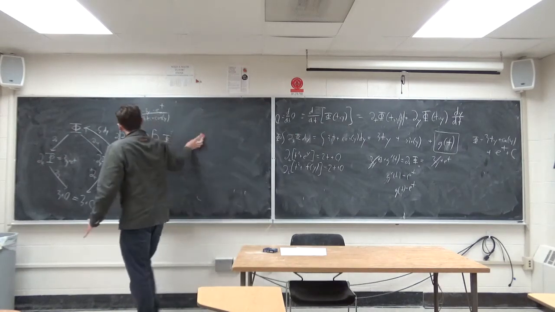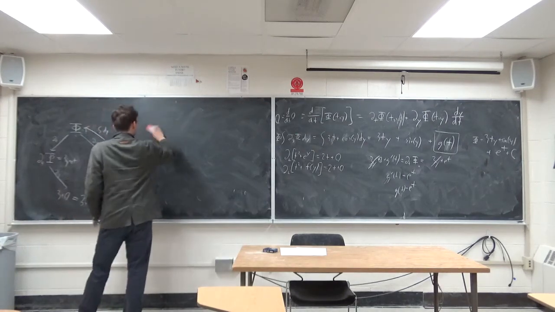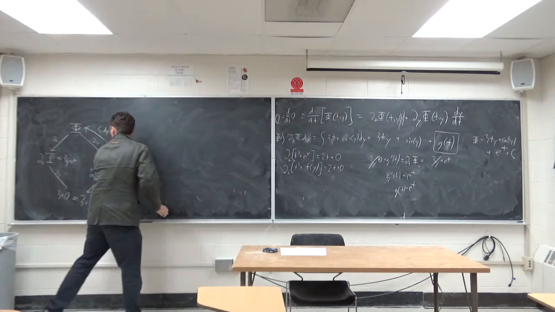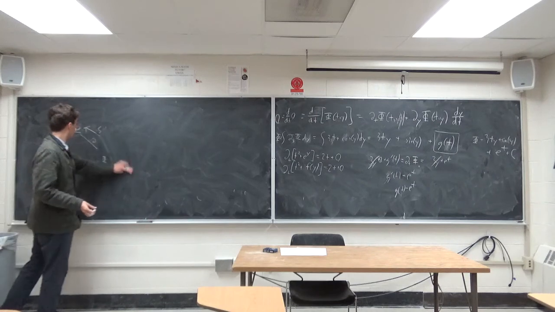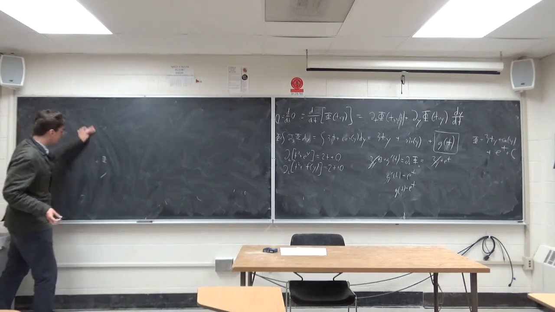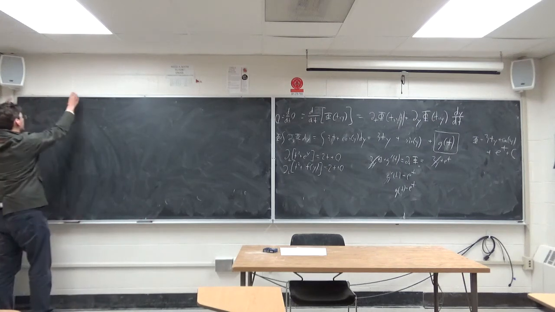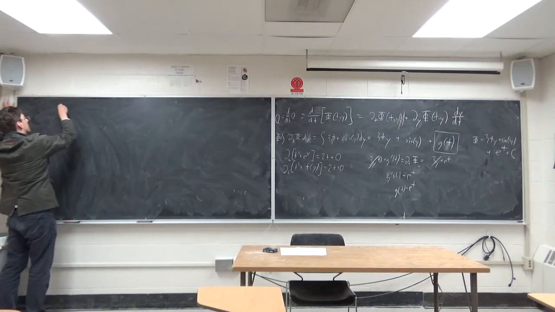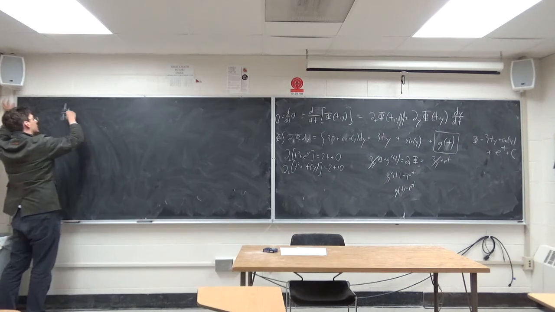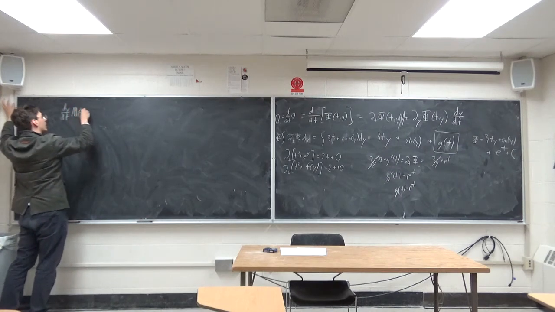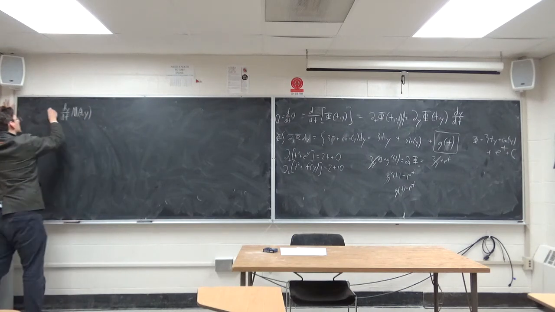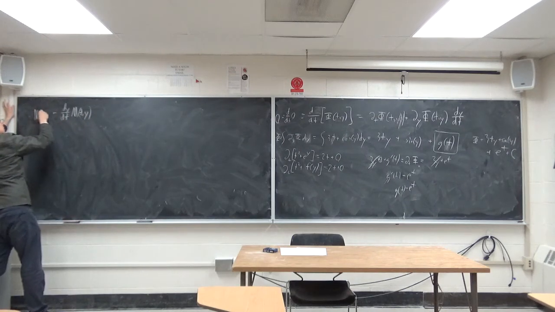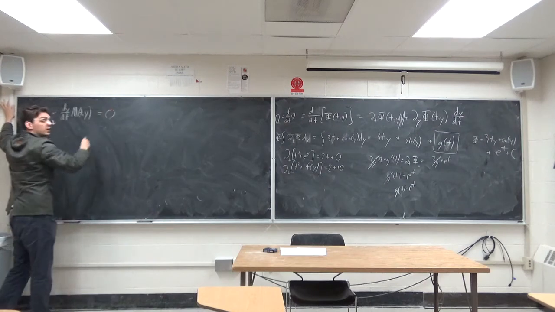The basic problem that we had was I had dy dt, I had some M(t,y), some sort of function of both t and y, I had some N(t,y), and all that equaled 0.